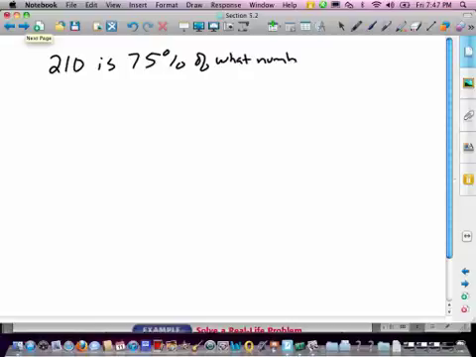All right, let's work C. Try to do C first. 210 is 75% of what number? I know you guys did your estimating, and you probably would have said 200 is 75% of n, or 0.75n.